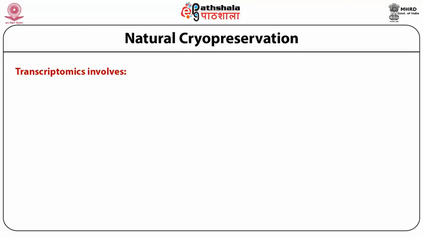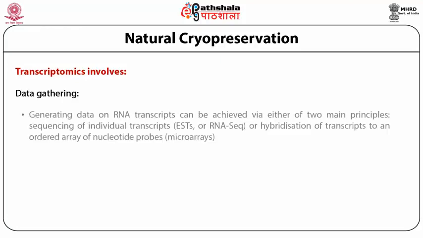Transcriptomics involves data gathering that includes generating data on RNA transcripts, which can be achieved by either of two main principles: sequencing of individual transcripts, these are ESTs, and RNA sequencing, or hybridization of transcripts to ordered arrays of nucleotide probes, these are microarrays.